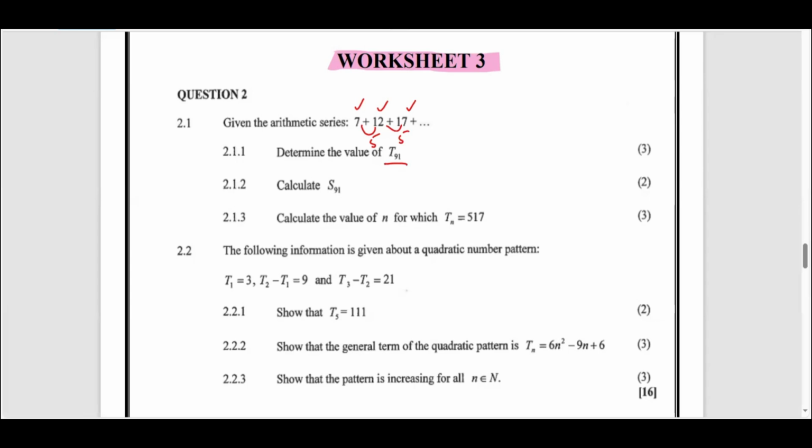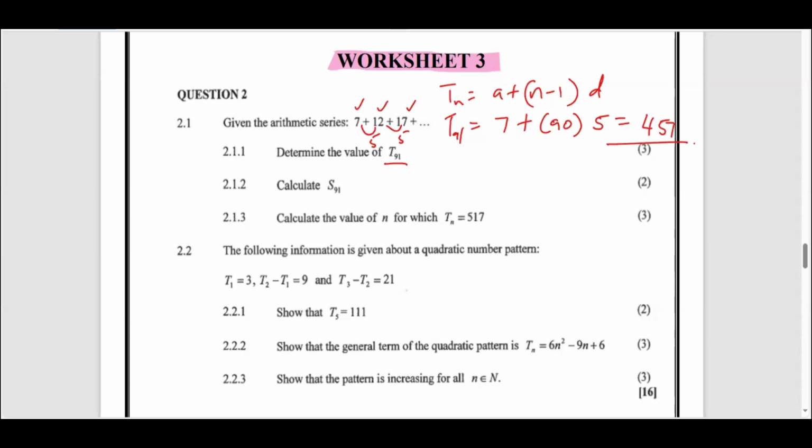So for us to get T91, we need to first of all get the nth term, which is a plus n minus 1 into d. So a is a 7. Remember we're looking for T91. So 91 minus 1, which is going to be 90, multiplied by 5.